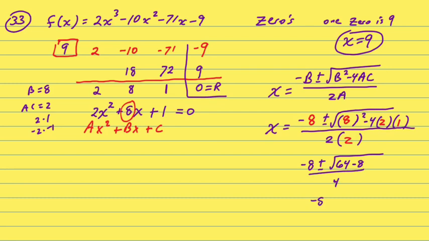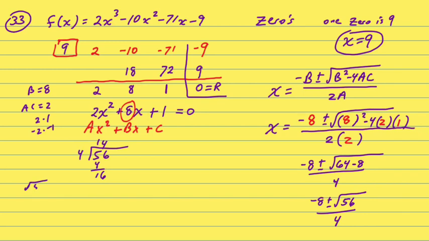Well, what is 64 minus 8? I believe it to be 56. Does that sound right? Now, 56, is that divisible by any perfect square like 4? Does 56 divide by 4? 4 times 1 is 4. That gives me a 16. So it goes in there 14 times.